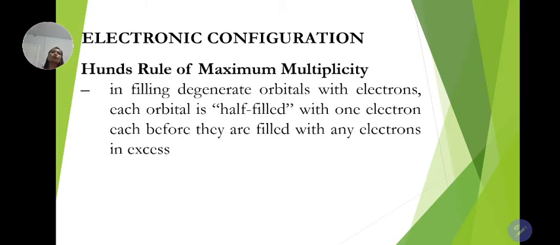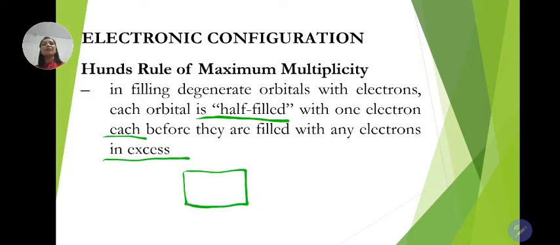And then, the Hund's rule of maximum multiplicity. In filling the degenerate orbitals with electrons, each orbital is half-filled, okay? Please remember this, half-filled with 1 electron each before they are filled with any electrons in excess. Katulad yung ginawa ko kanina sa p orbital, meron tayong 3 blocks.